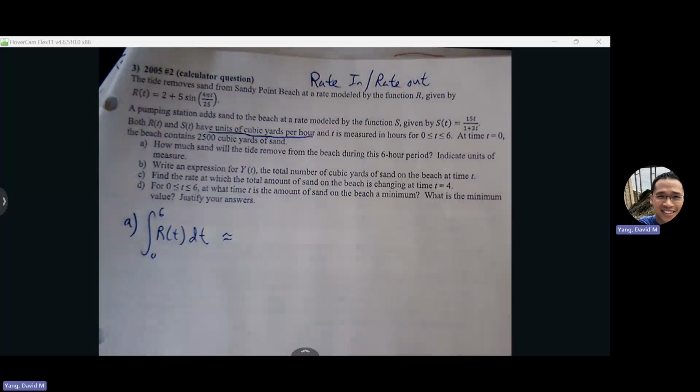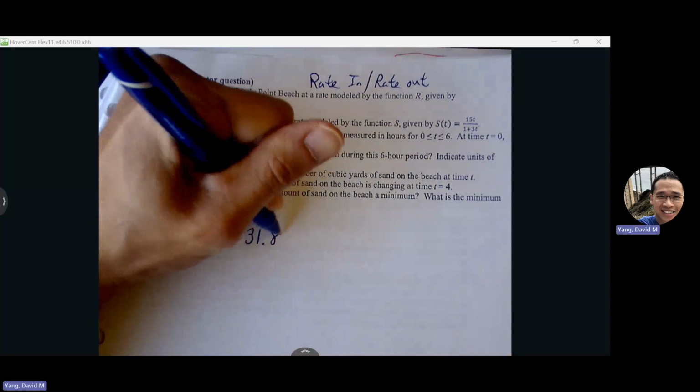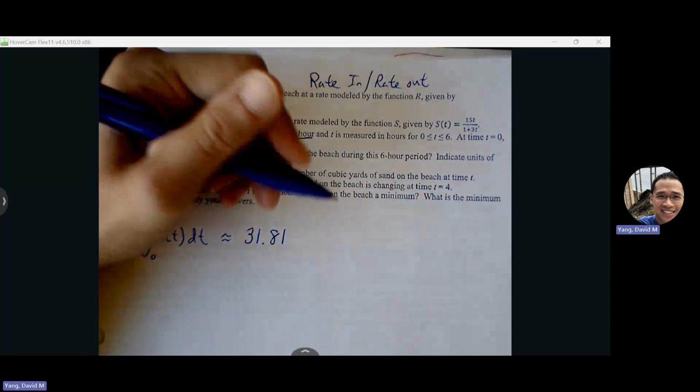Okay, so we just round to 3 decimal places. You can either make it 0.815 or 0.816.